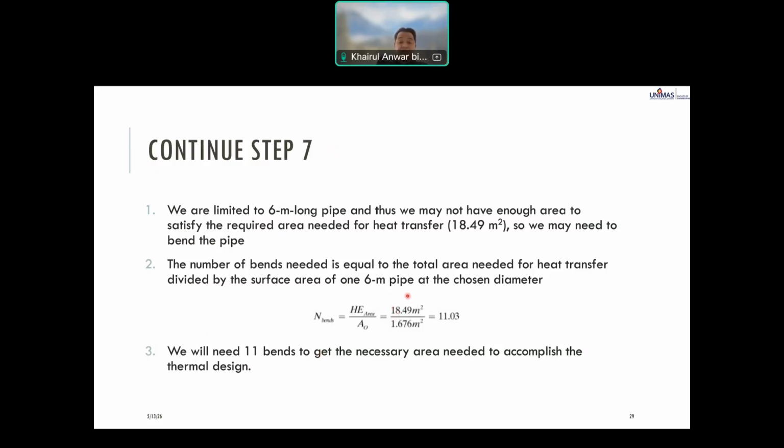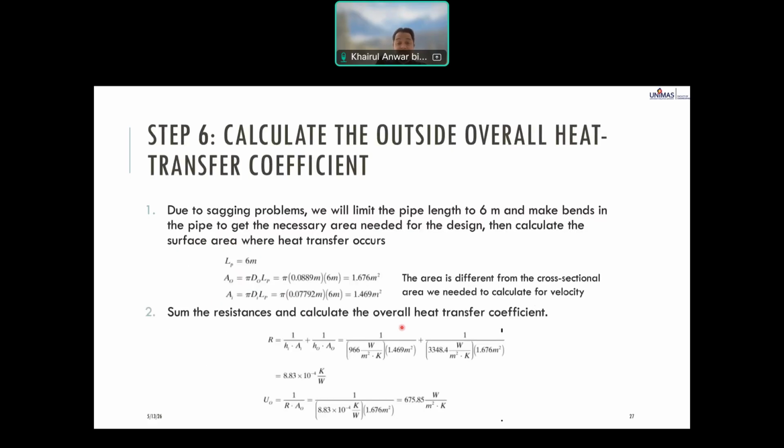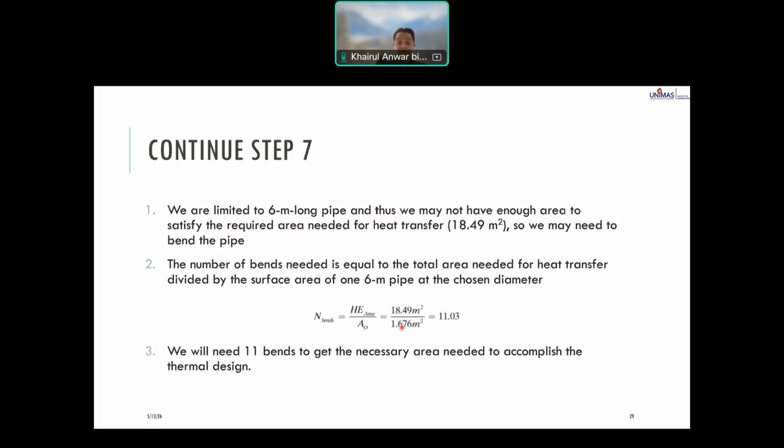This is the heat exchanger area calculated earlier, and A naught refers to the outside diameter of the inner tube. In this case, we need 11 bends for the inner tube to accomplish the thermal design. So thank you.